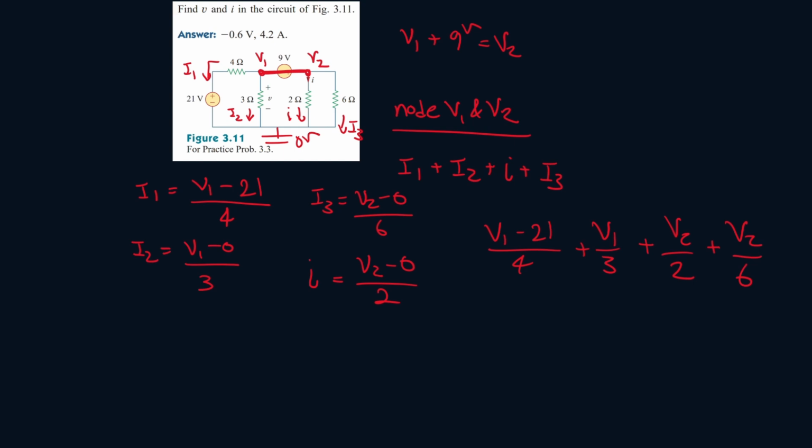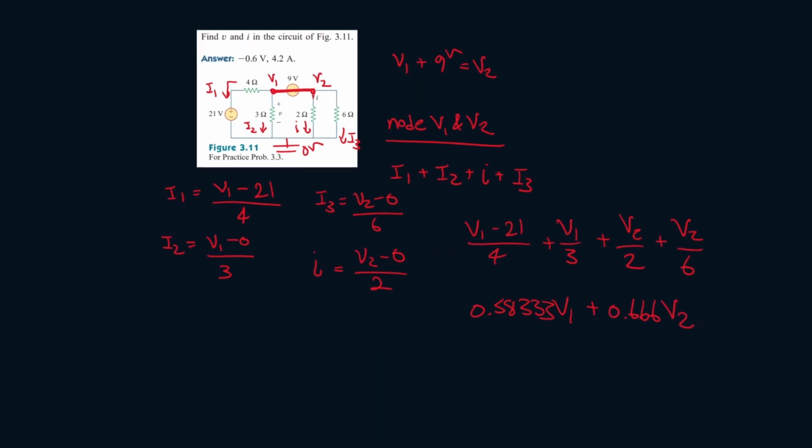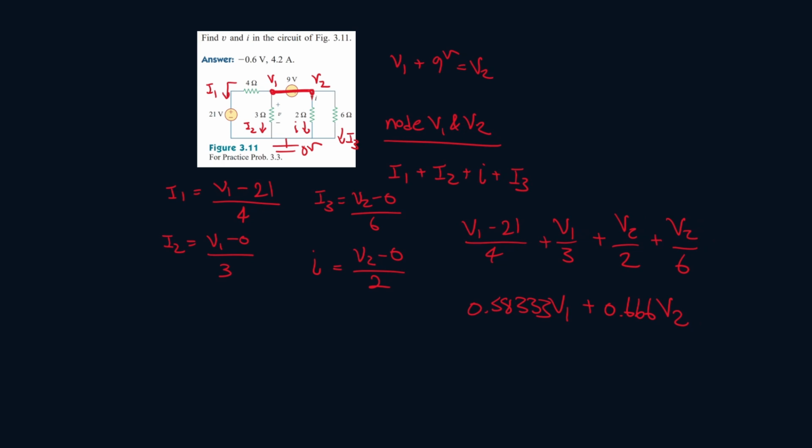Alright, so V1 over 4 plus V1 over 3, that's 0.58333 V1. And then 1 over 2 V2 plus 1 over 6 V2, that's 0.666 V2. And then we have minus 21 over 4, which is minus 5.25.